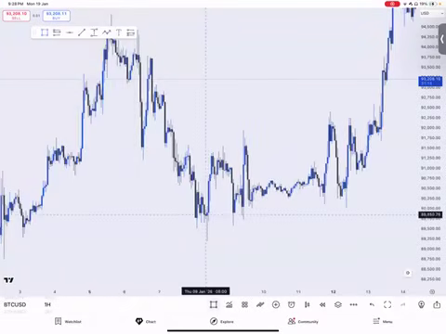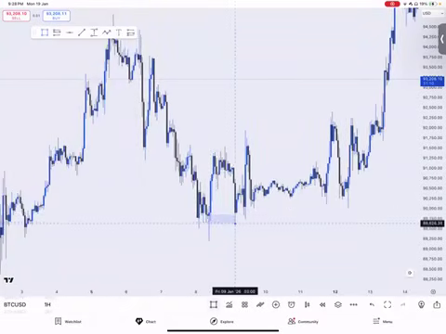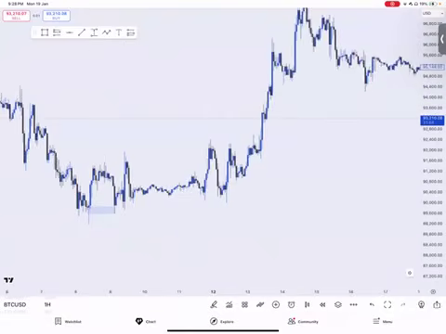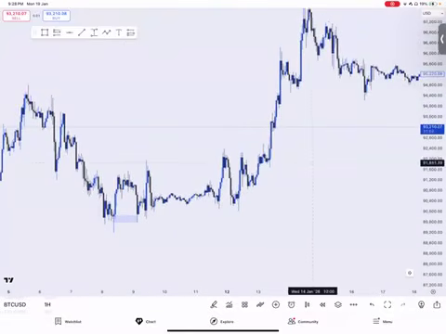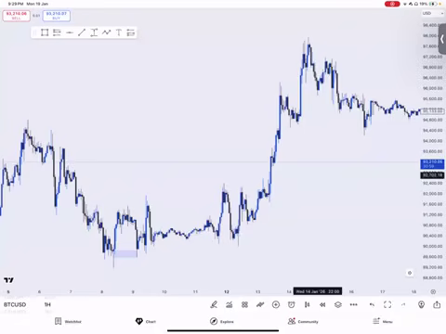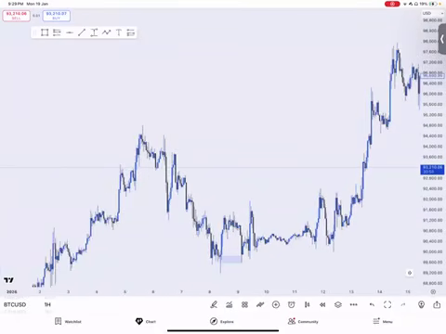This is the other block. Now there's a reason why. Like I said, these two POIs work hand in hand. Price can either buy from this zone or price can buy from this zone. Price can either buy from this zone or price can buy from this zone. So all these are POIs that price actually respects.